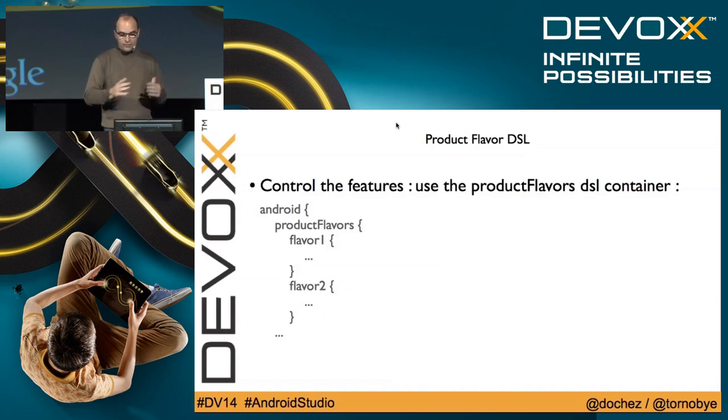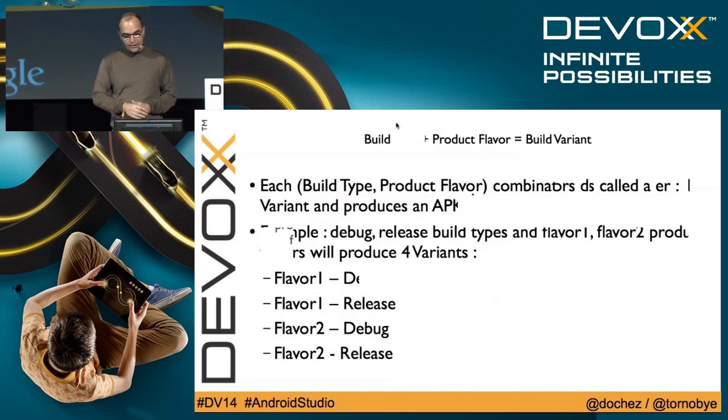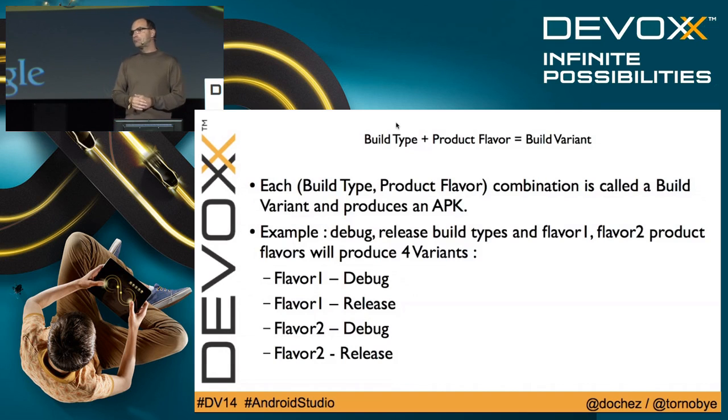So once you've got a product flavor and a build type, you get variants. Basically, for each combination of the build type and the product flavor, you get a variant, and this combination will produce an APK. So you've got, for instance, here 2 flavors and 2 build types: debug, release, flavor 1, flavor 2. You will get 4 variants because you've got 4 combinations, right?